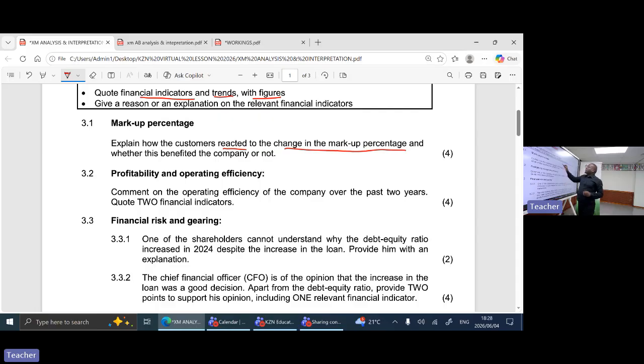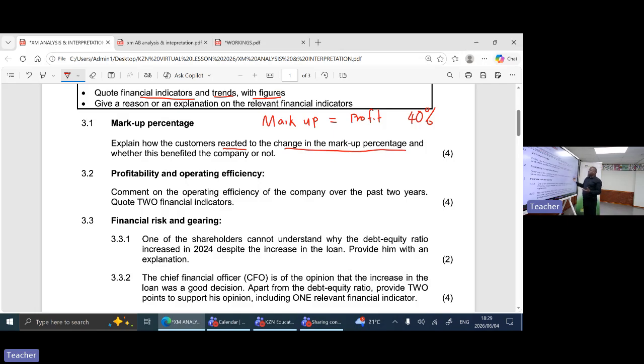Markup is a profit added on the price, or on the cost price. So it's added on the goods markup. So we should say, if for example our markup is 40%, it means on the cost price we will add 40%.